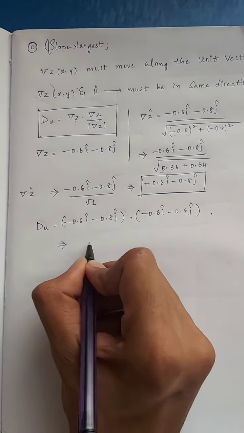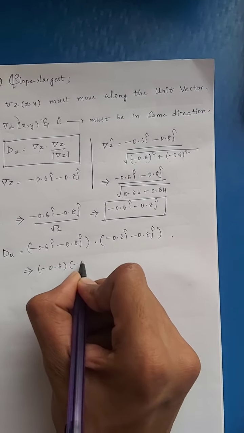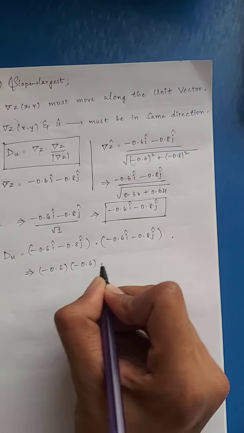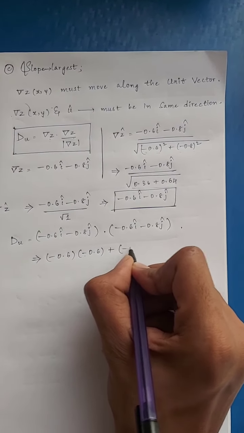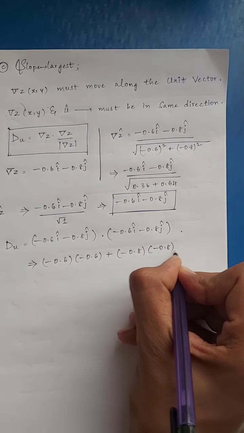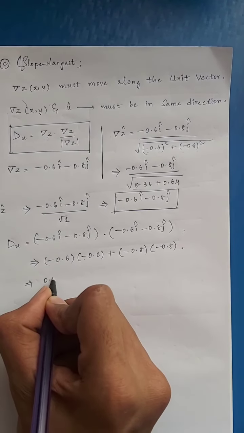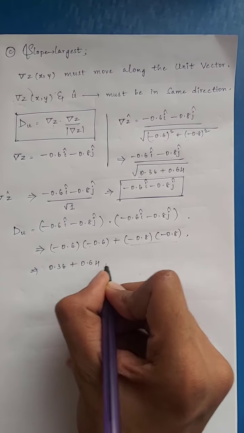So the dot would be minus 0.6 times minus 0.6, which is plus 0.36, plus minus 0.8 times minus 0.8, which is 0.64.